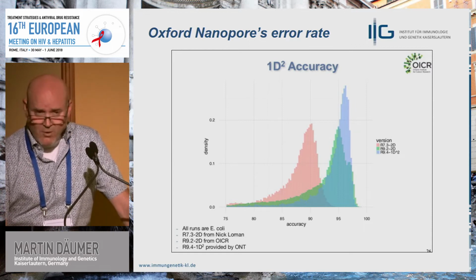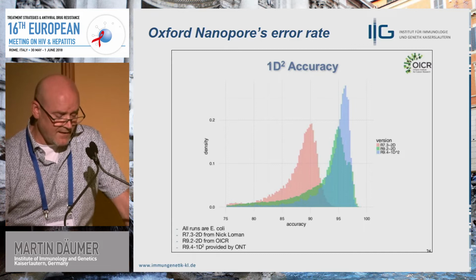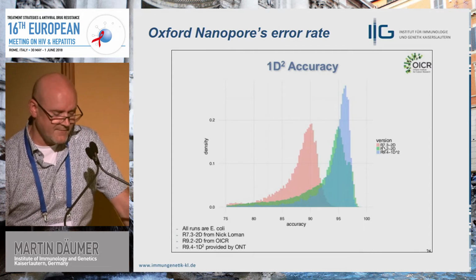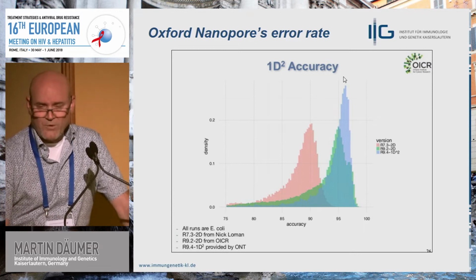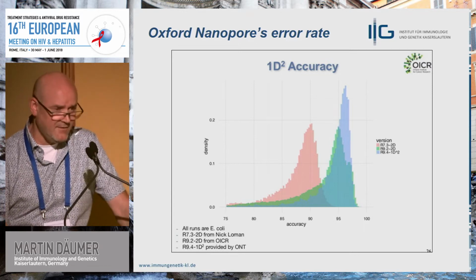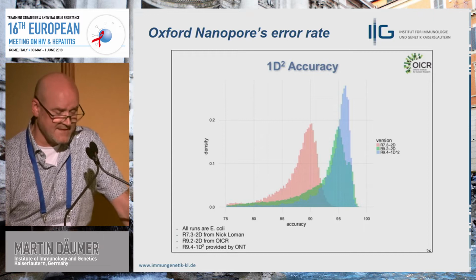They improved the quality and the accuracy a little bit from the R7 flow cell to the R9, but we are still far away from what we should expect and what we need for HIV drug resistance testing.